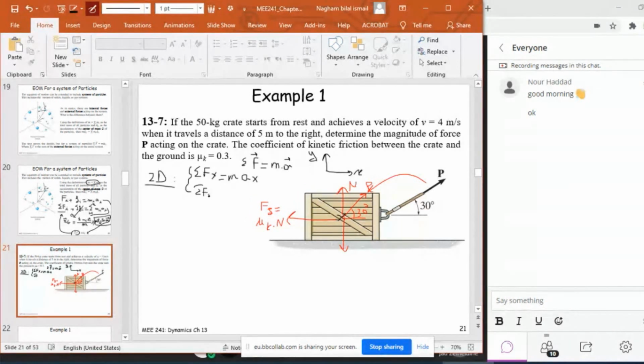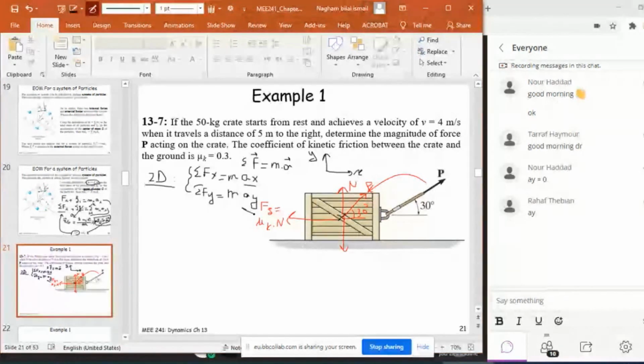Now, which one of these two components, ax or ay, is equal to 0 and why? What do you think? Quickly, please. ay is equal to 0 because there is no motion in the Y direction.